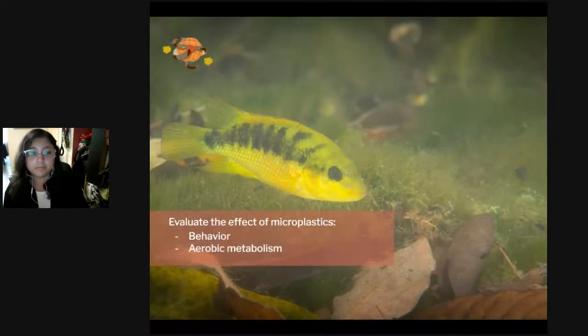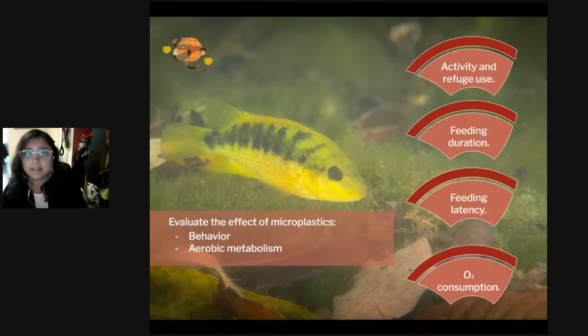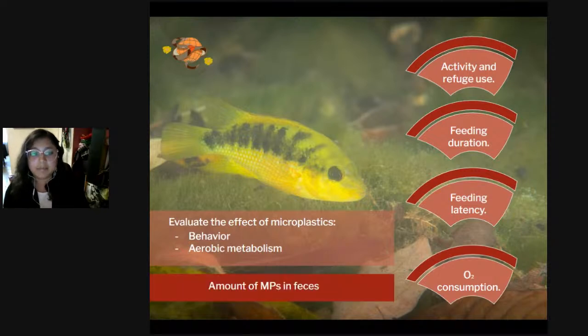So we wanted to figure out what the effects of microplastic were on the behavior and the aerobic metabolism of Mojarra criolla. For this, we evaluated different variables: the swimming activity of Mojarra, its reproductive use, feeding duration, feeding latency, its oxygen consumption, and finally the amount of microplastic in feces to evaluate the depuration of the pollutant.